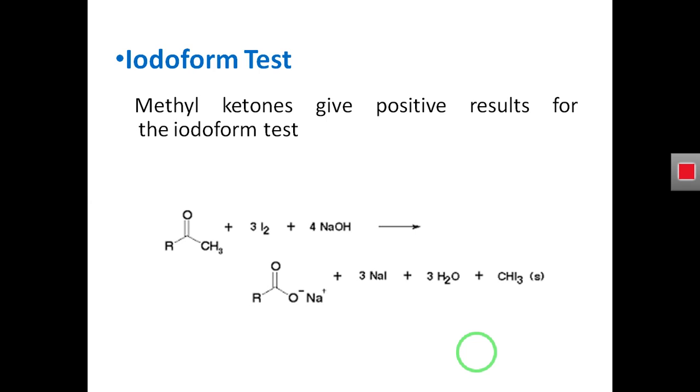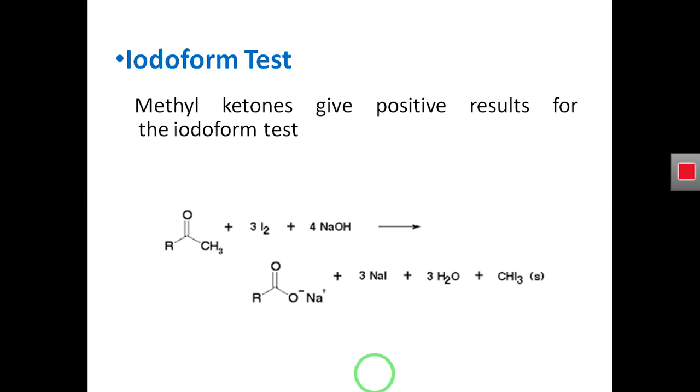So the other test is the iodoform test, and in this test, we will have a reaction mixture in the test tube that is containing methyl ketone, and when we add the iodine to the sample that is having methyl ketone, then this iodine will react with this ketone and give us another characteristic compound that will be different from the previous one.